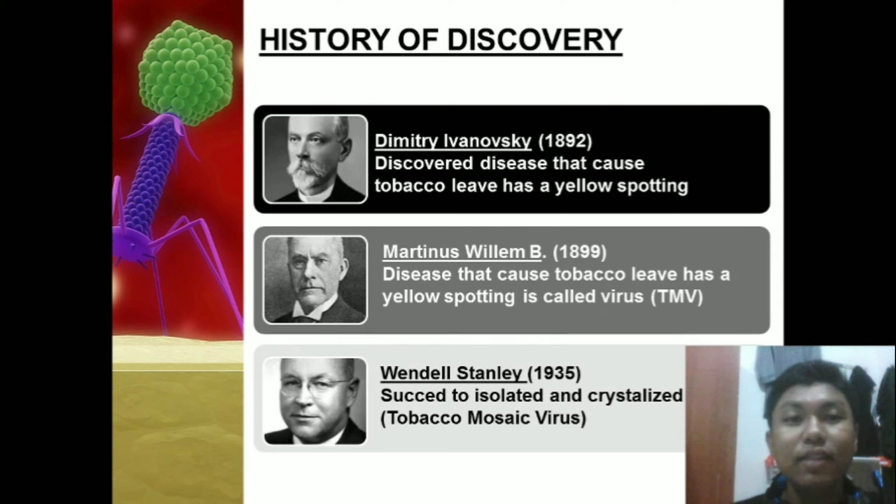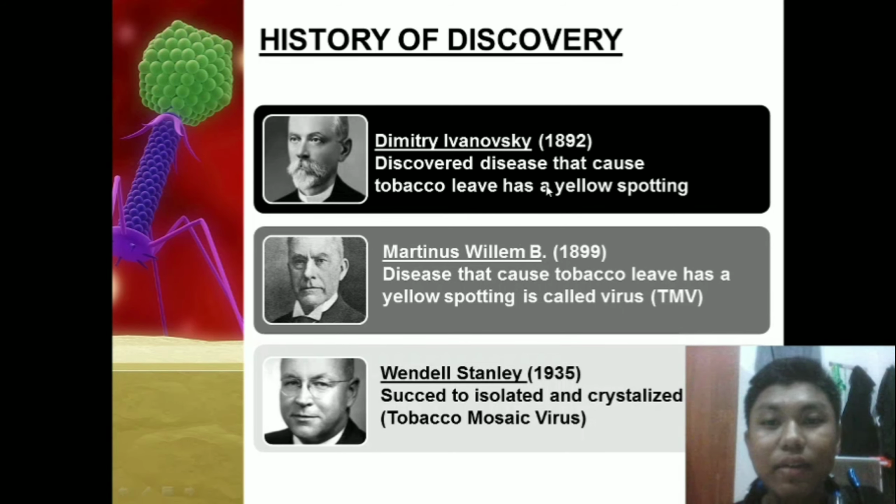Next is history of discovery. This guy, Dmitry Ivanovsky, in 1892, discovered a disease that caused tobacco leaf to have yellow spotting.